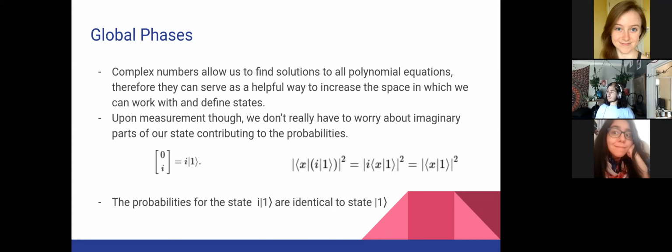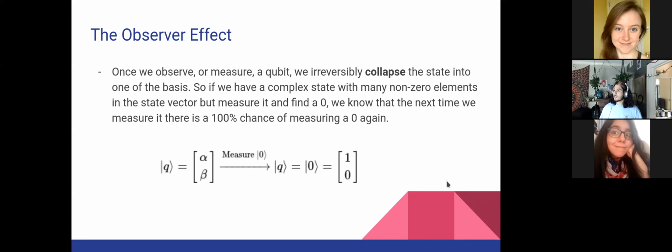The reason is it's not going to change the probability of measuring a given state, because the probability of x on i1 is really just the same as the probability of x on 1. And so hopefully that's clear, and hopefully that gives a little insight.